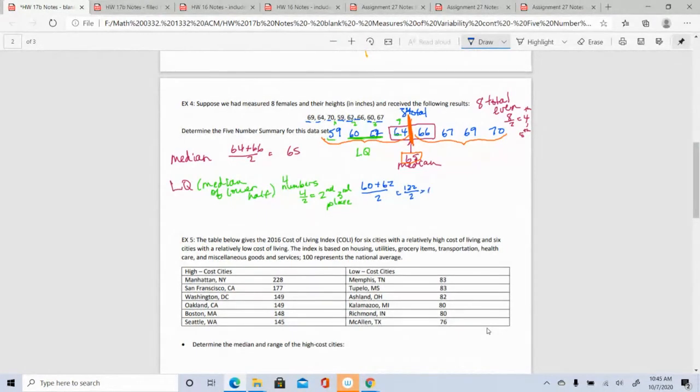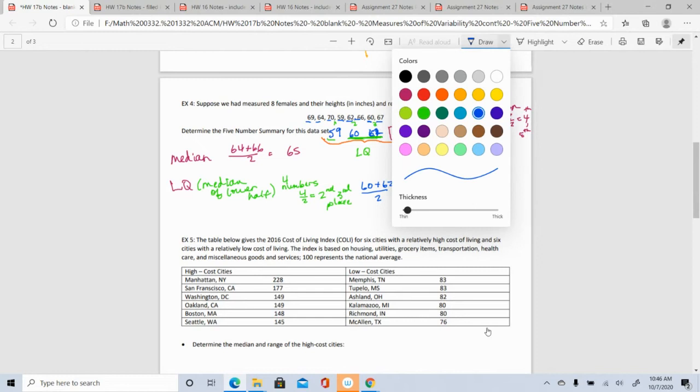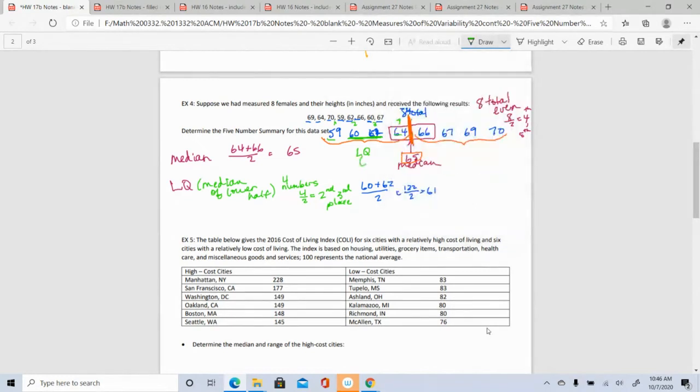Yeah, that's right. And you can tell that 61 is between 60 and 62. Correct? So the lower quartile is 61. Okay?